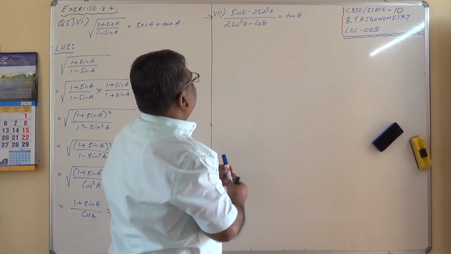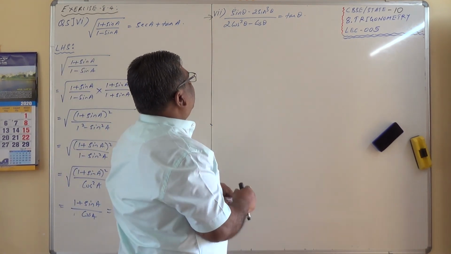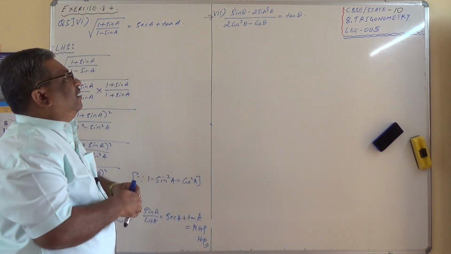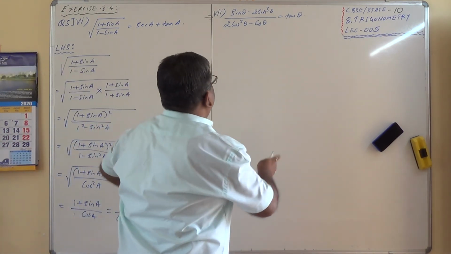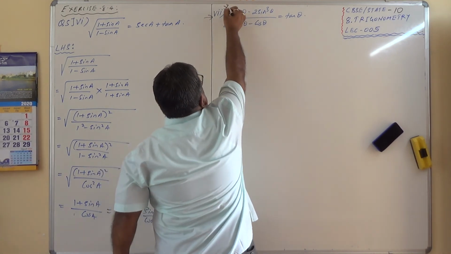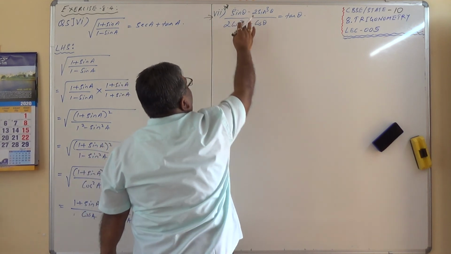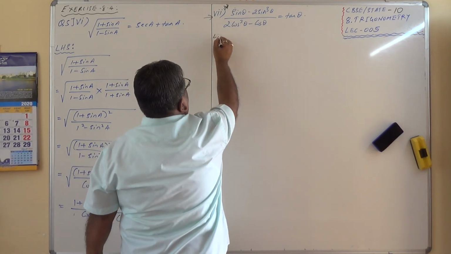Next question: sin theta minus 2 sin cube theta divided by 2 cos cube theta minus cos theta equals tan theta. Here I'll take LHS. Mark this as a typical sum. Mark this one, because we need to take a common factor in both the numerator and denominator of LHS.